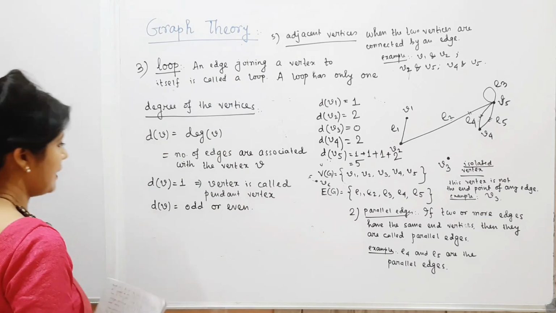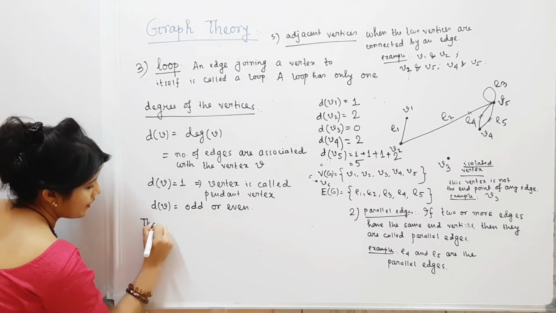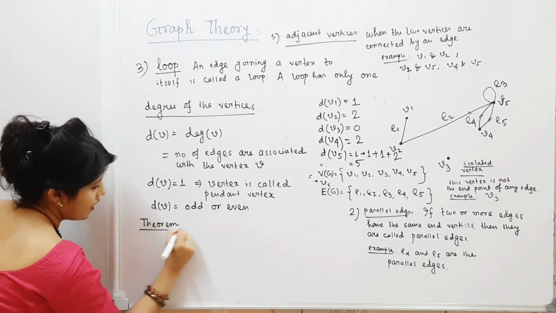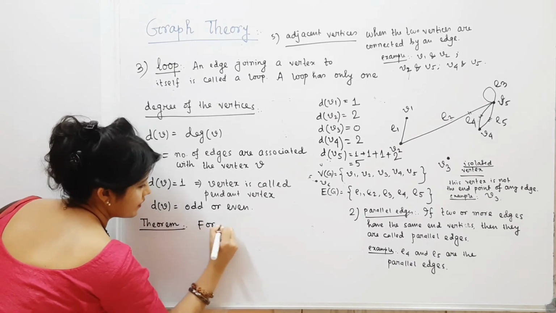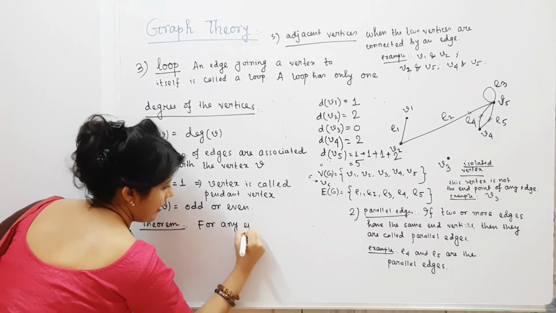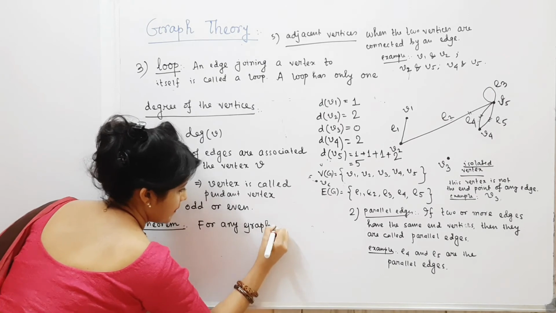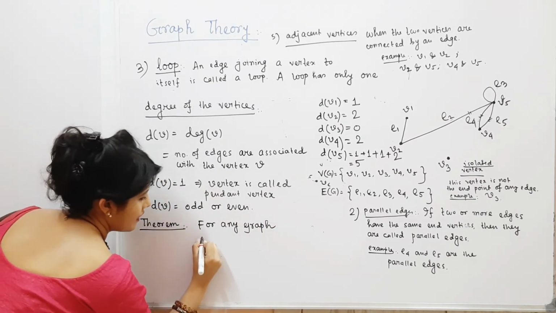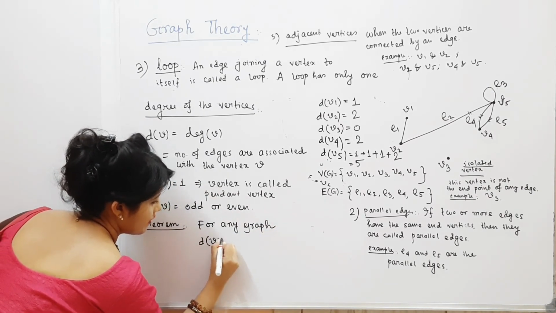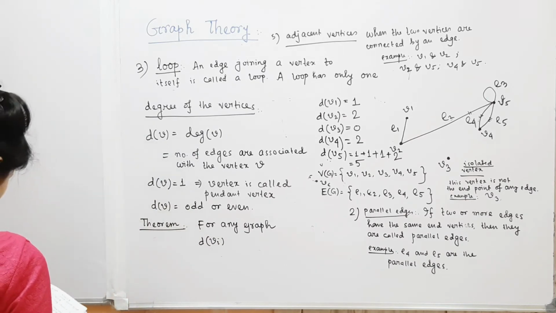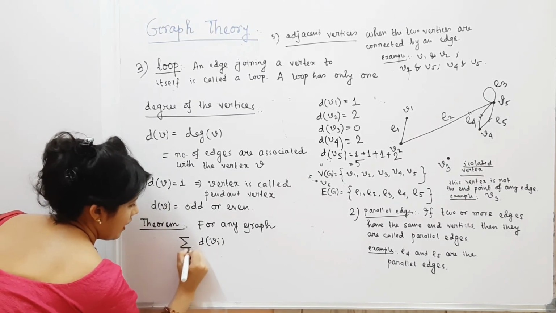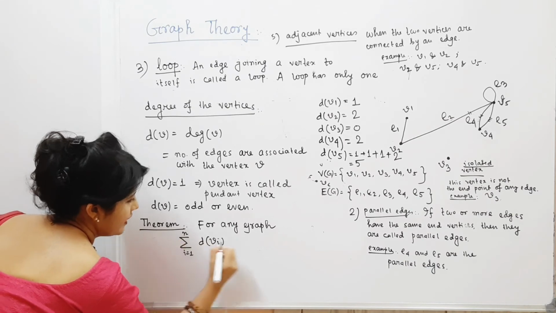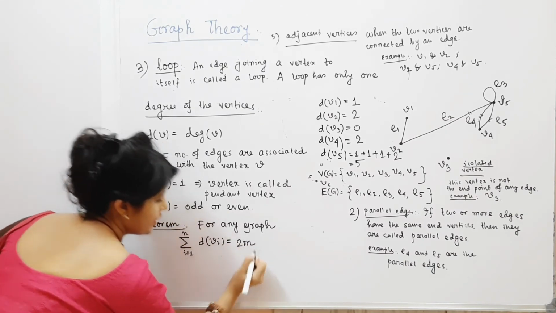So the degrees of the vertices of a graph may be even or odd. And there is another theorem that for any graph, the summation of degree of Vi, for i equal to 1 to n, is equal to 2m.